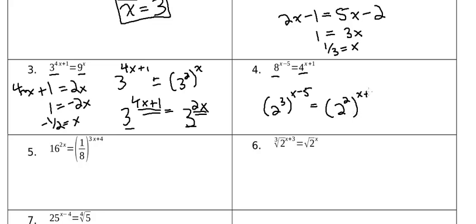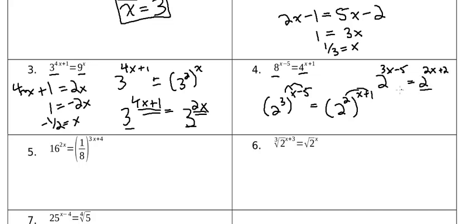And then I can distribute those exponents to the other exponent, because power to a power you multiply. And if I do that, I get 2 to the 3x minus 5 equals 2 to the 2x plus 2.